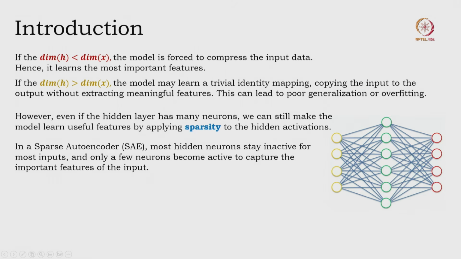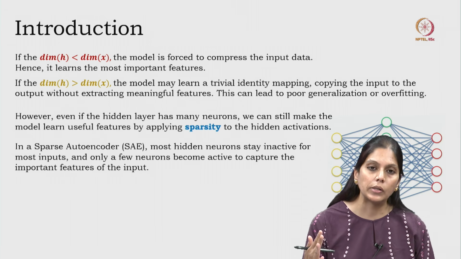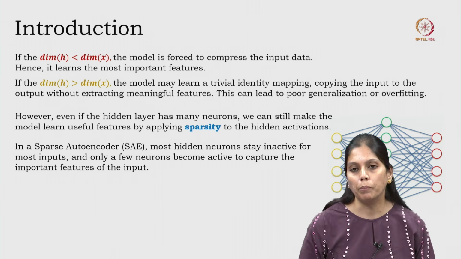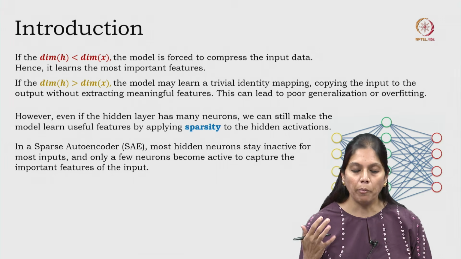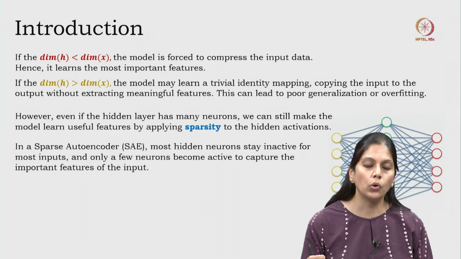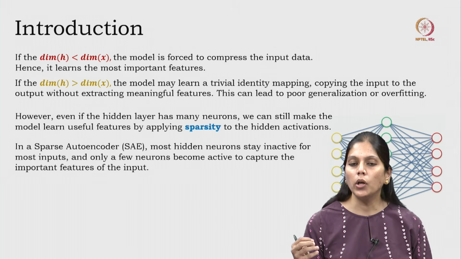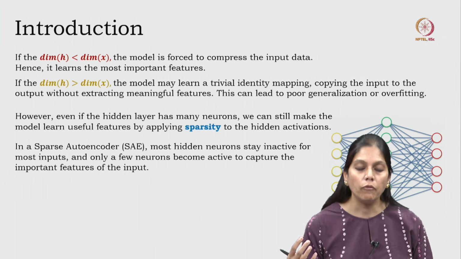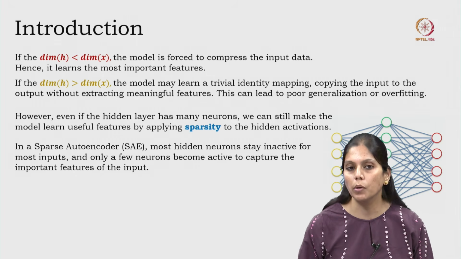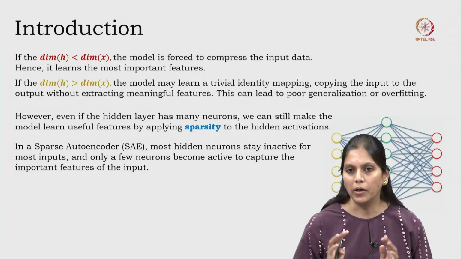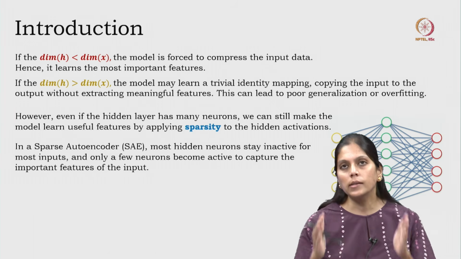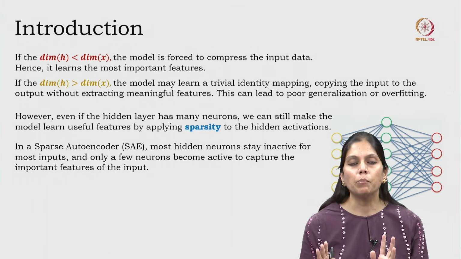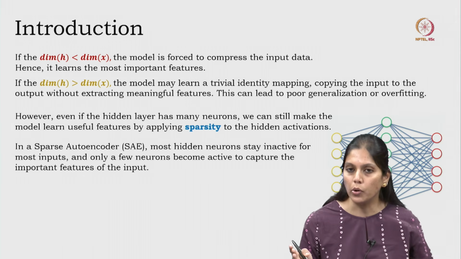Now let us see what exactly the sparse autoencoder is. In a sparse autoencoder, we want most hidden neurons to stay inactive for most inputs, and only a few neurons to be active. When only a few neurons are active, we are enforcing it to capture the most important features of the input. The whole idea here is we have more neurons, and with more neurons the problem is overfitting and poor generalization.